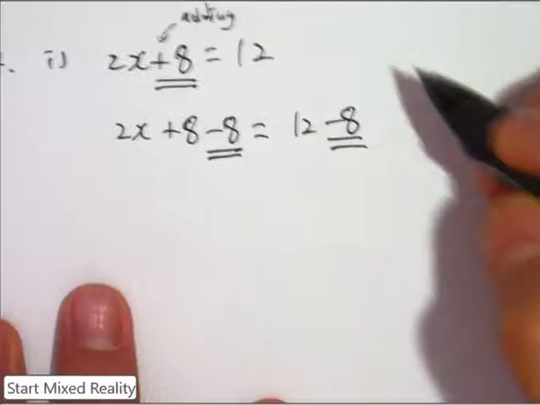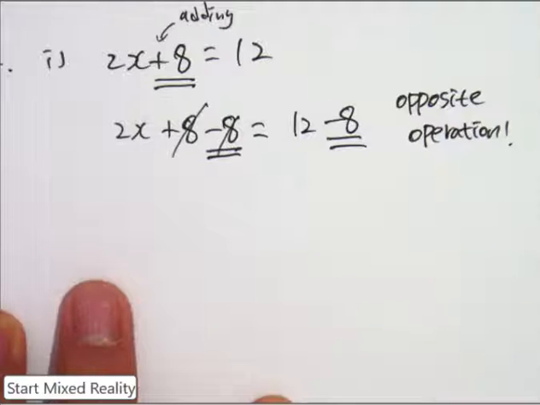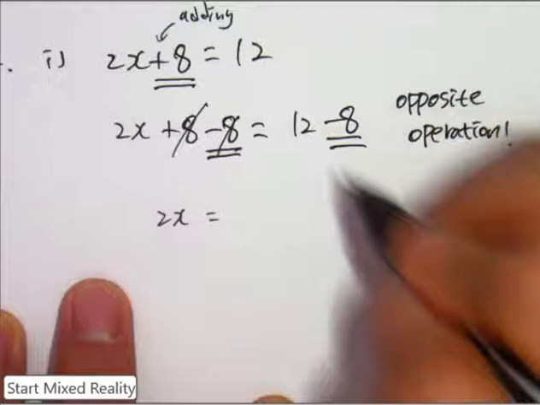This is my opposite operation. Once you have that, you can eliminate those and say 2x is equal to 12 minus 8, that is 4.